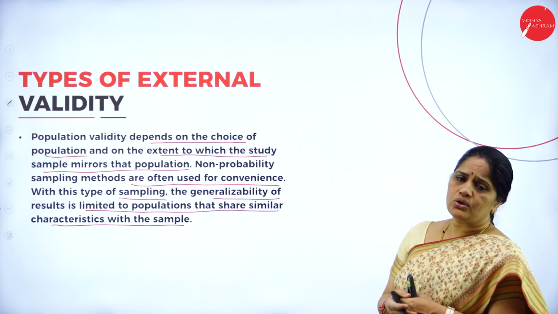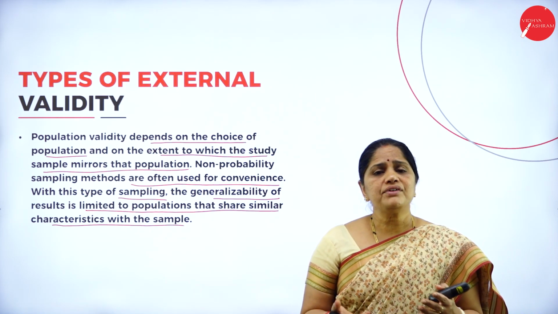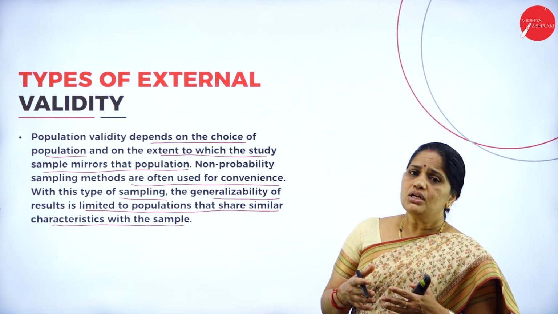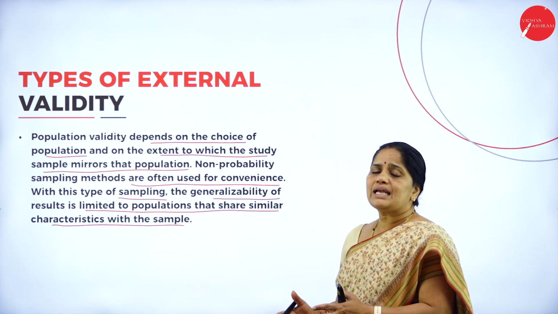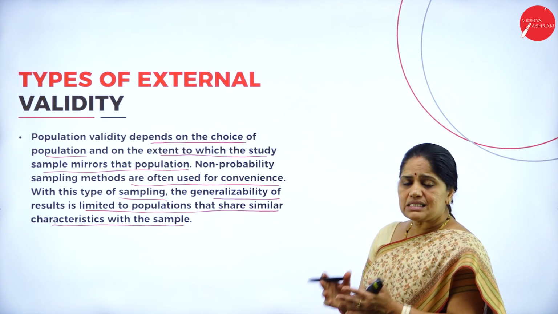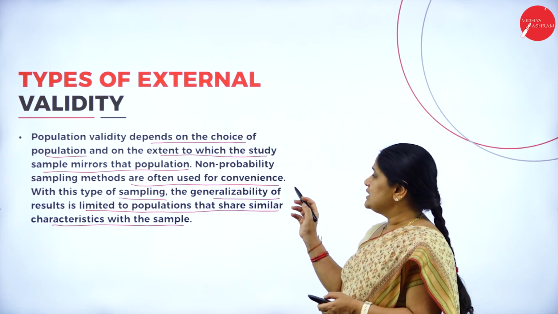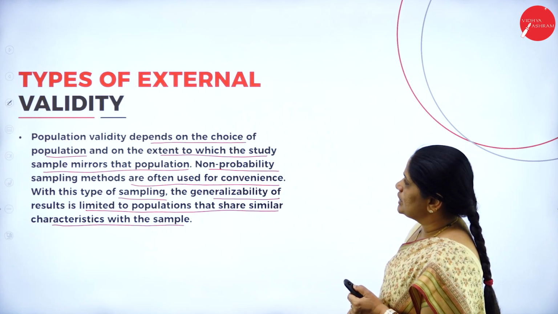If we make use of non-probability sampling techniques, we will exactly know who the samples are and we will be collecting the information. This kind of result will be limited to the area of that population only. So we cannot generalize the solution derived when we resort to non-probability sample collection.